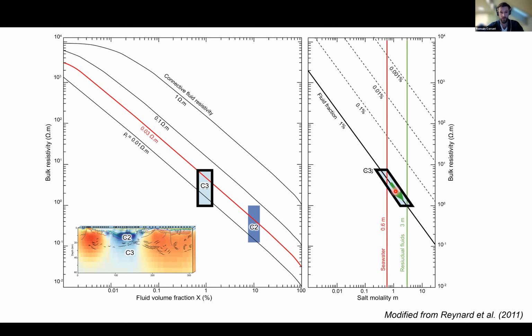That's the second part of the graph, which relates bulk resistivity to fluid salinity. You can see that in the case of C3, if you want to reproduce the strength of the anomaly, you have to increase the salinity of the fluids around 5 times. So how do we increase the salinity of a fluid in the upper mantle?